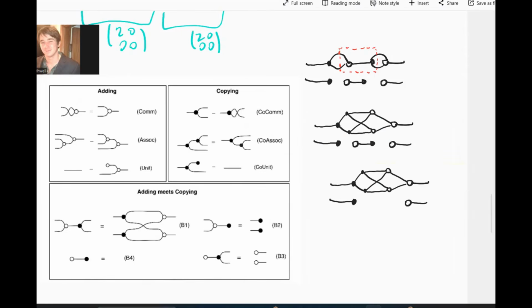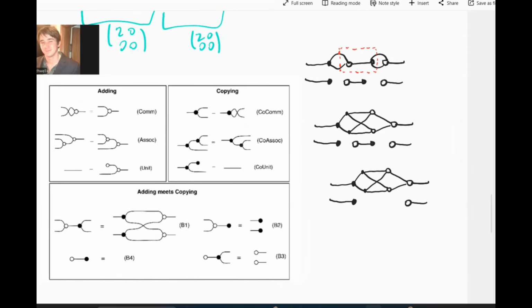And now this is where I think it gets quite interesting, because we can carry on actually. I mean, at this point, you can already look at this diagram and see that it's going to end up multiplying the input by 4. But there's a bit of awkwardness in this diagram. I mean, we have two wires that are crossing over each other.